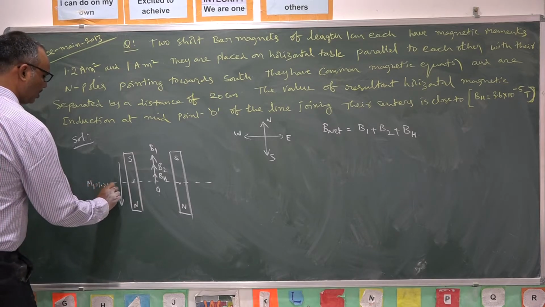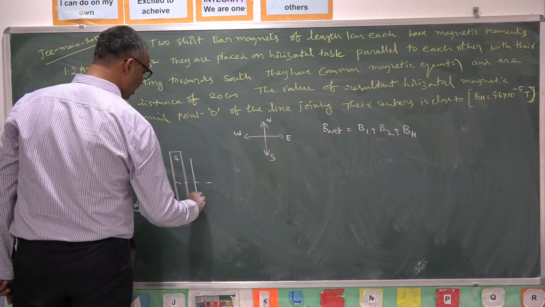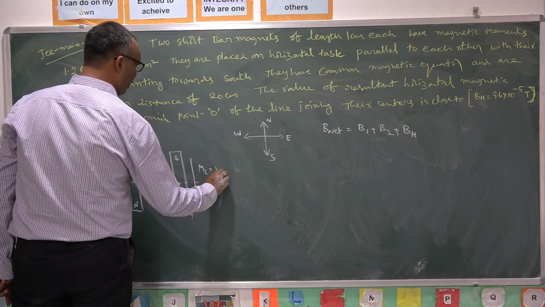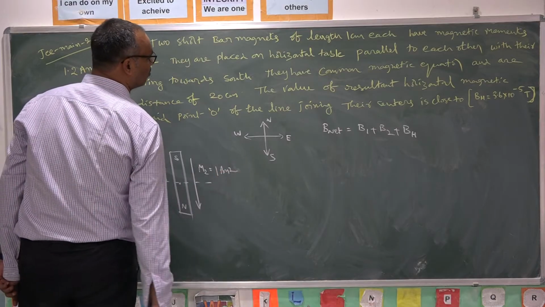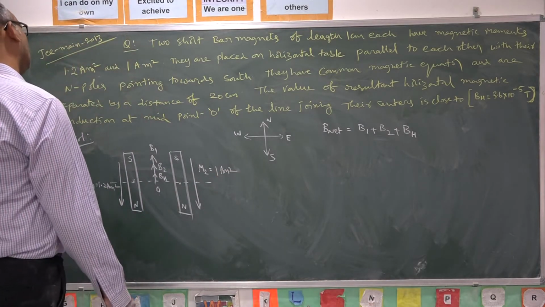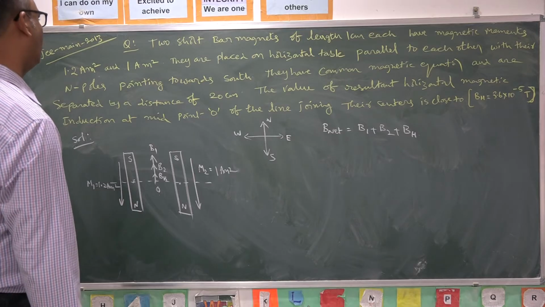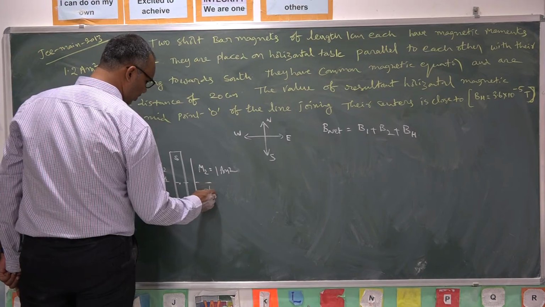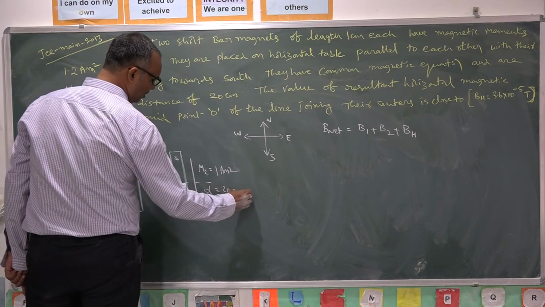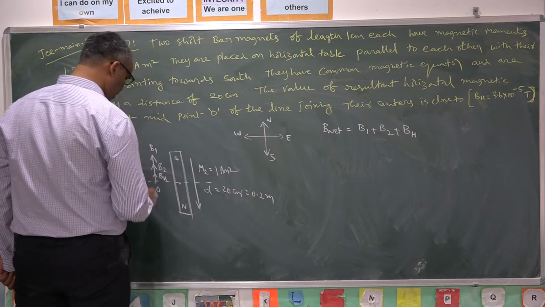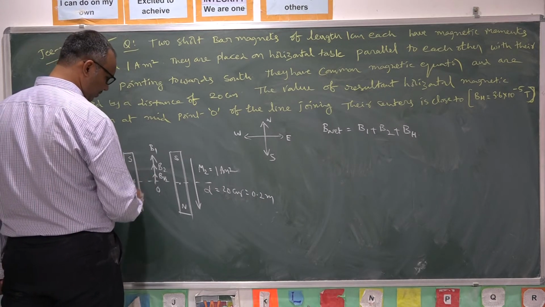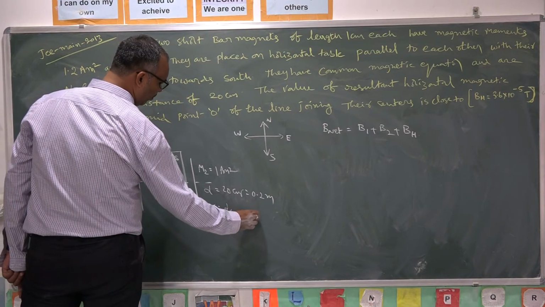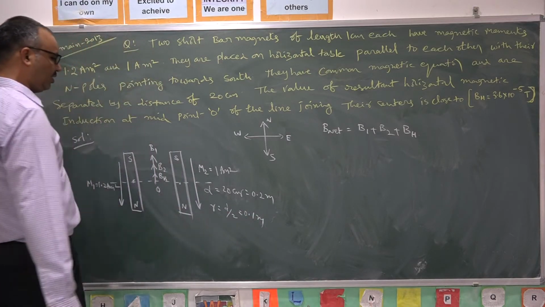The magnetic moment of the second magnet is M2 equal to 1 ampere meter square, and the separation between them is 20 centimeters, that is 0.2 meters. This point O is at a distance r equal to d by 2, that is 0.1 meters from the center of the magnet.